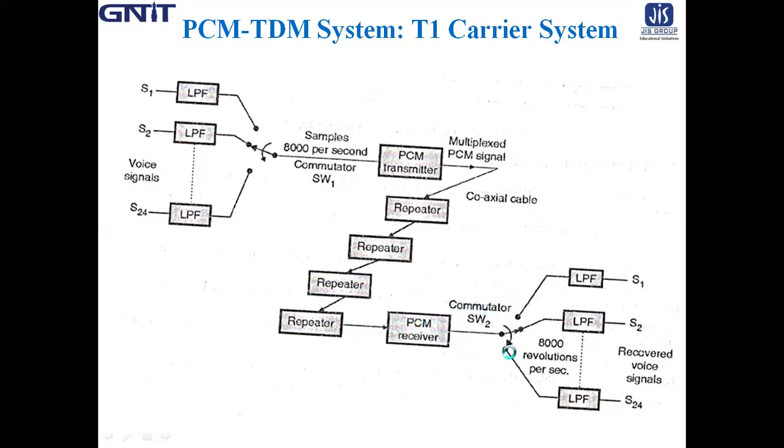Here again a commutator switch SW2 is present, which gives the signal individually to the destination, say S1, S2 or S24. Now the condition is, here two commutators are present, or rotating switches, say SW1 and SW2.